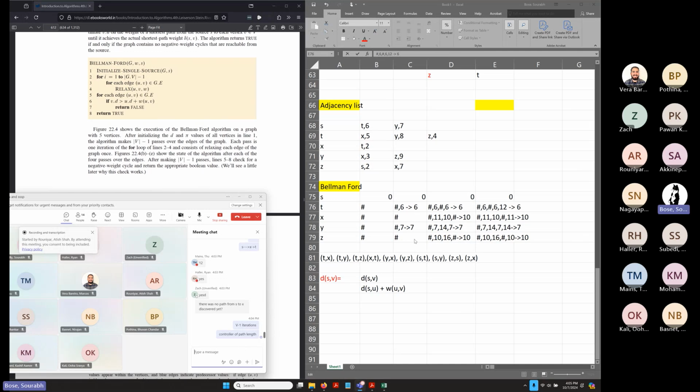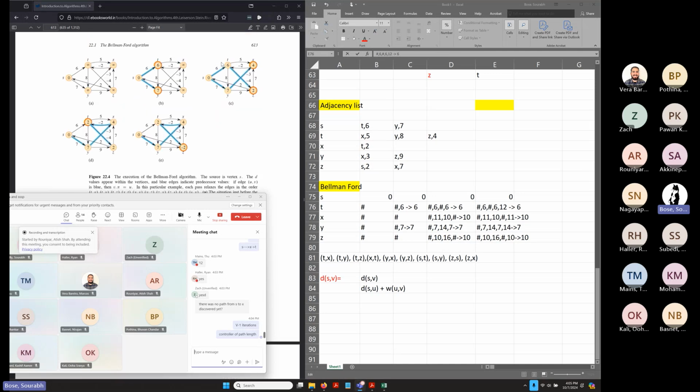So first iteration, you are saying only allow one edge to go to all other vertices. I cannot go to X and Z with just one edge, but I can go to T and Y. Now you are saying allow two edges in the second column. Now I can go to X using two edges because I had the opportunity to go 7 plus 3, 10.